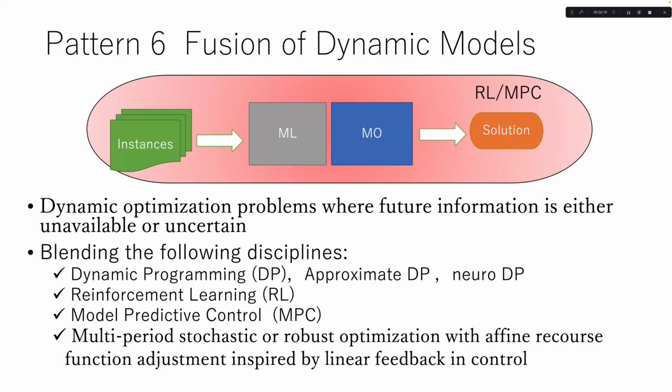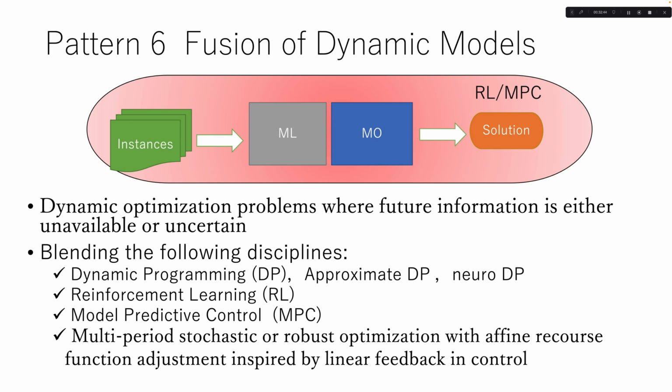Pattern 6 involves the fusion of dynamic models, particularly those dealing with dynamic optimization problems where future information is either unavailable or uncertain. In optimization, this area has been studied under names such as dynamic programming, DP, NeuroDP, and approximate dynamic programming. In the control field, it is known as model predictive control, MPC, and in artificial intelligence, as reinforcement learning, RL.